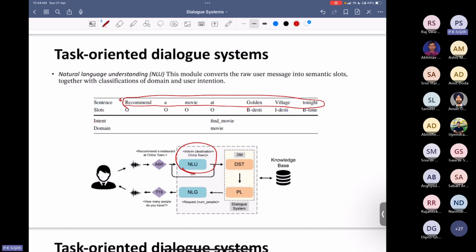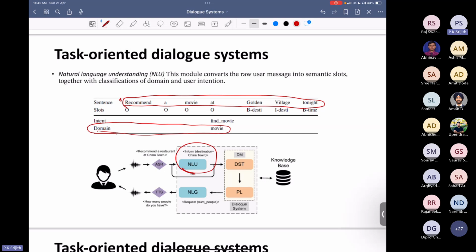So one of the tasks in natural language understanding is to understand or detect the domain. For example, here the user is talking about the movie domain. And then you need to understand the intent of the user. Is the intent finding a movie, or, given a movie, finding a theater location, or finding the release date or something?